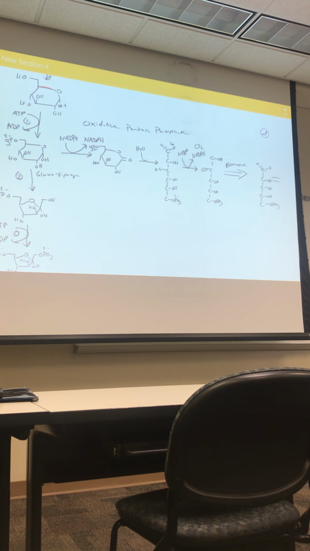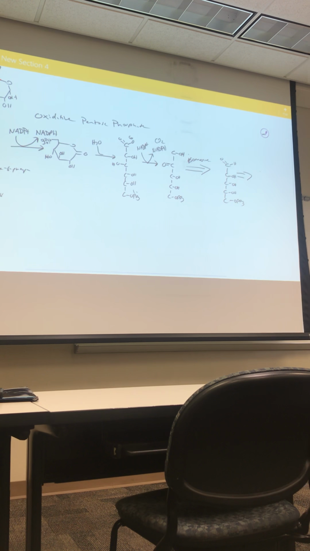And then that can be used to make DNA and RNA, right? That's the building block. So an isomerase can get you to ribose 5-phosphate. This is ribulose 5-phosphate.